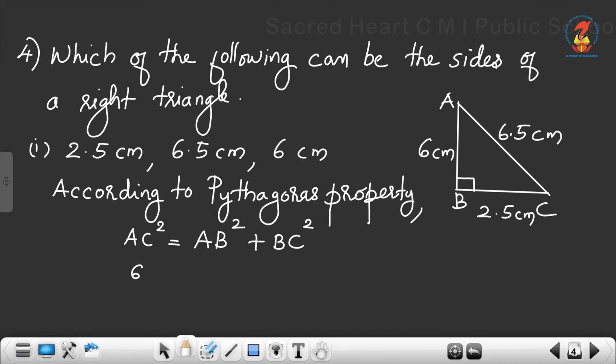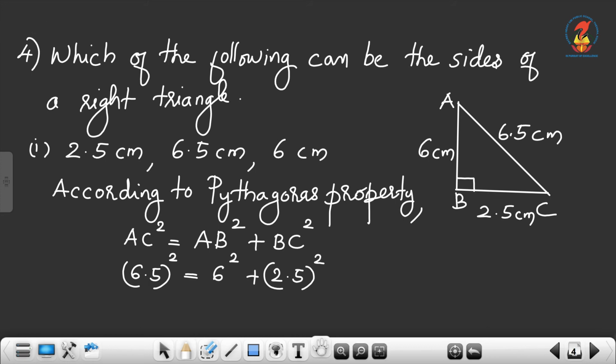Now AC is 6.5, so 6.5 square equal to 6 square plus 2.5 square.